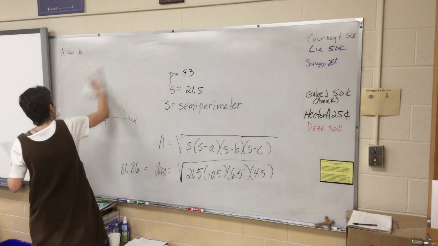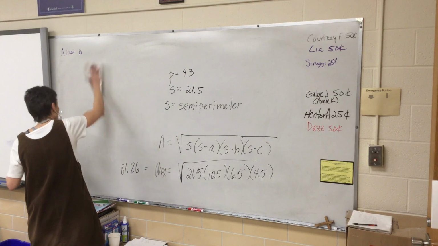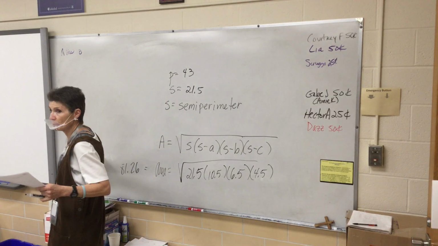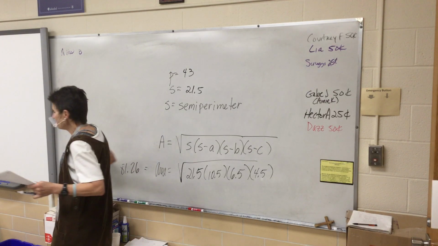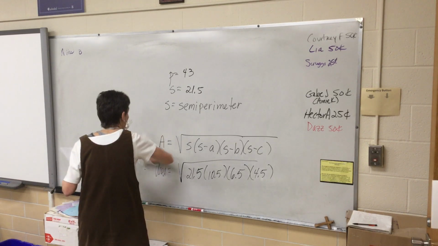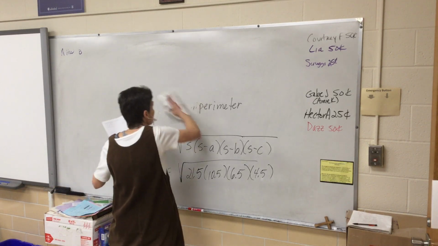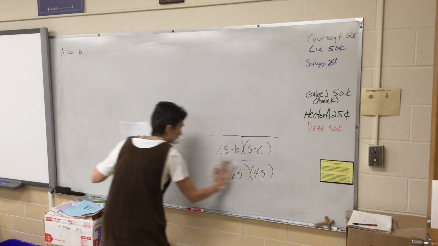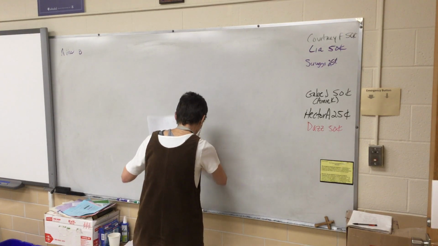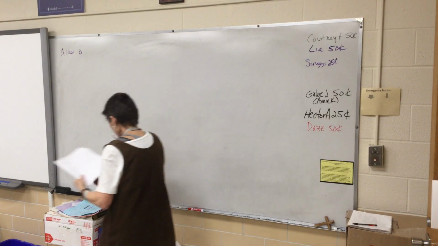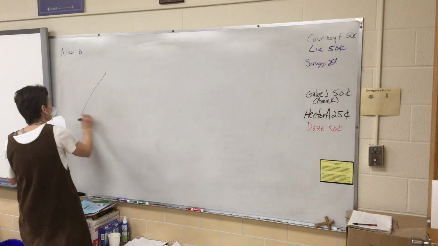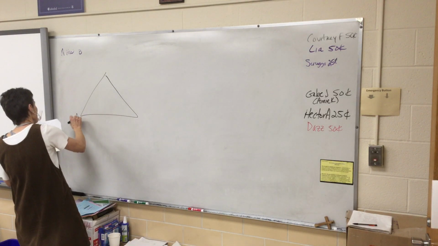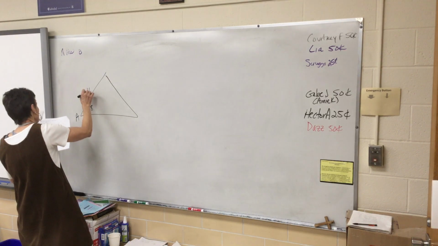All right, so we have one more thing we're going to talk about. Remember I told you you're going to get 2 new area formulas today? One of them is Hero's formula, and the other one is equally easy. Look at problem B. It is not Hero's formula because I don't know all the sides.